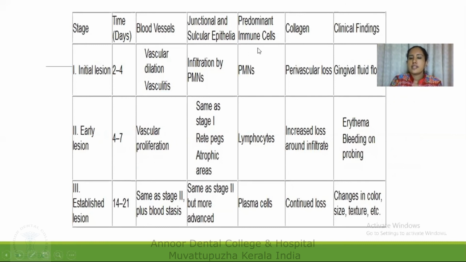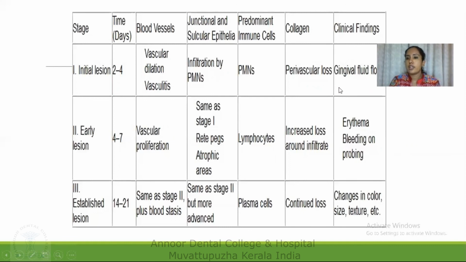Then coming to the cells which predominate, this is very important. Examiners keep asking in your viva. The cells that predominate in the initial lesion are the neutrophils, whereas in the early lesion it is the lymphocytes, and in the established lesion it is the plasma cells. Coming on to the clinical findings, we cannot see clinical findings in the initial lesion.